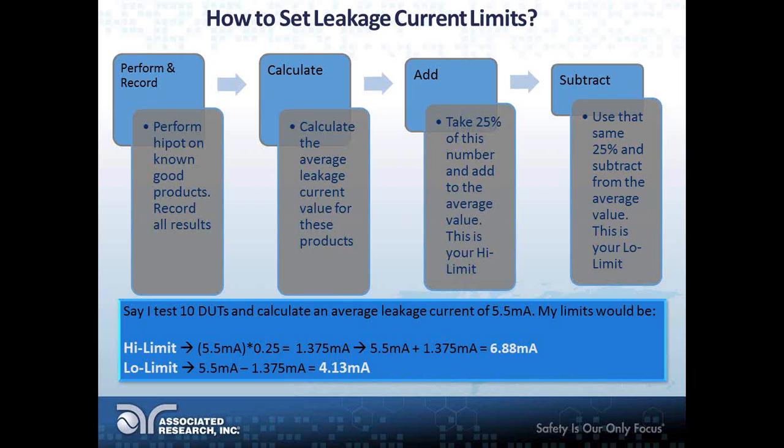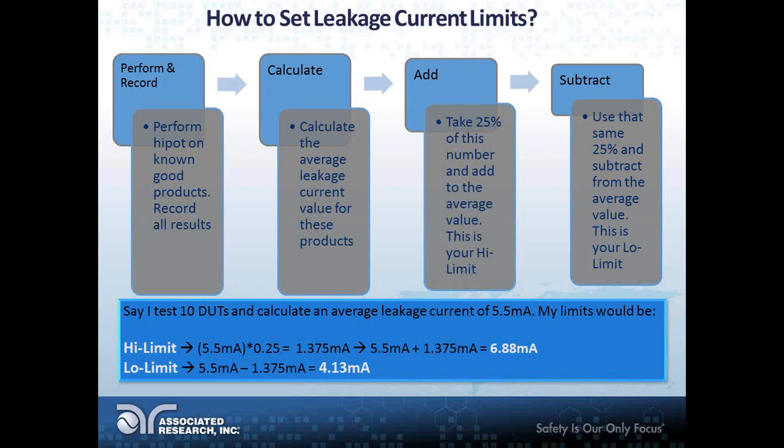When you have a bunch of sample results, you can calculate the average. Then you take 25% of this number and add it to the average value. This would be your high limit setting for the Hipot test. For the low limit, you use the same 25% and subtract it from the average value, and that would be your low limit.